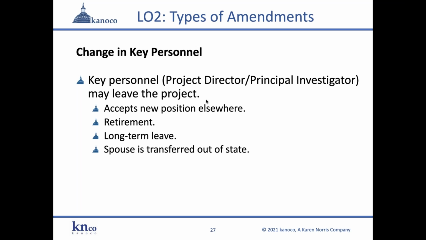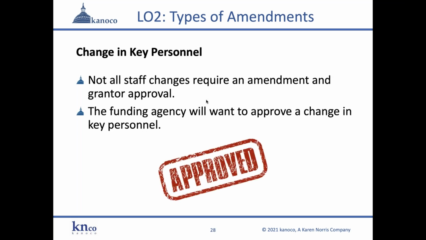So the awarding agency usually reserves the right to approve a key person. So your old project director may have accepted a new position elsewhere. As I said, maybe they're retiring, maybe they're going on long-term leave, maybe their spouse was transferred and they're going too. There are all kinds of reasons why you may need to change a project director or a principal investigator.